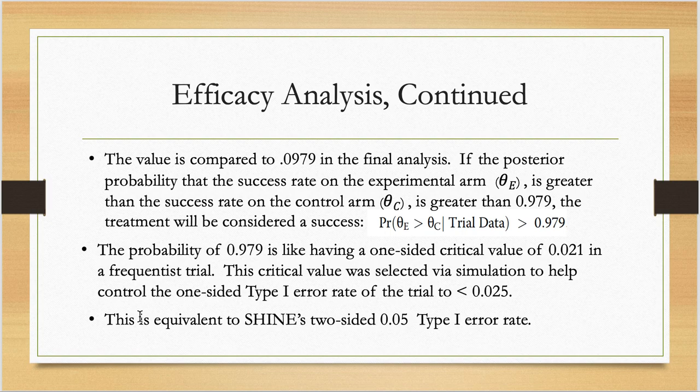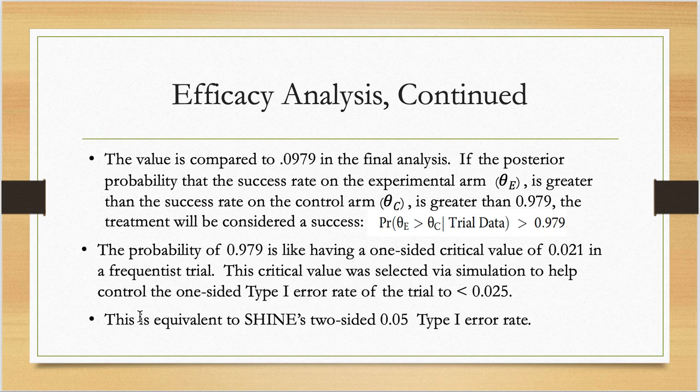And the probability of 0.979 is like having a one-sided critical value of 0.021 in a frequentist trial.